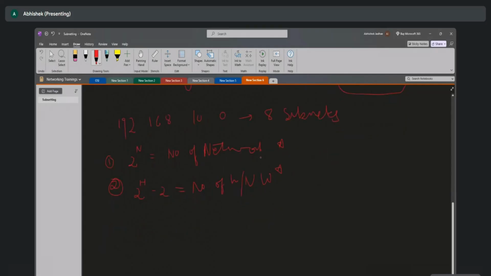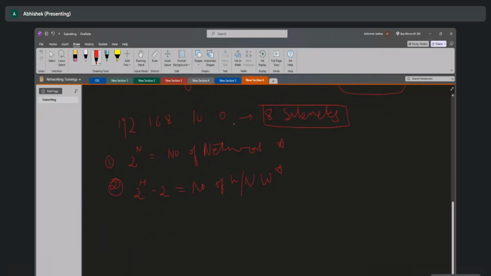Now, they told us that we have to create 8 subnets from this IP address. How will you do that? I earlier taught you how to convert an IP address from decimal format into binary. How do we do that?